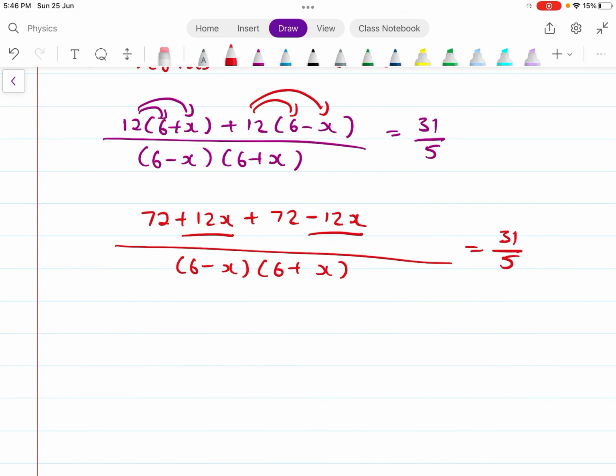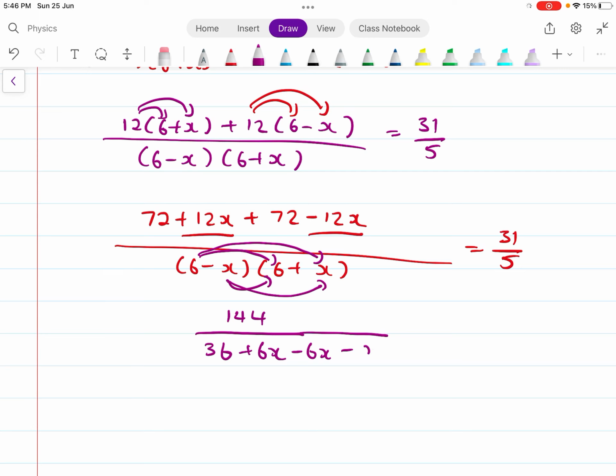Let's do a bit of simplification first. 72 plus 72 is 144 over the bottom, which we can also expand. 6 times 6 is 36, 6 times x is 6x, negative x times 6 is minus 6x, and last but not least, negative x times x is negative x squared. So it's 31 over 5.